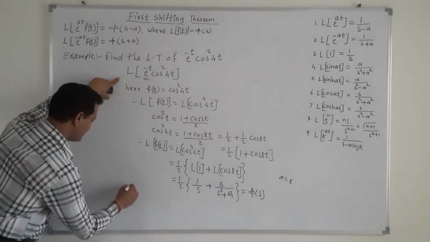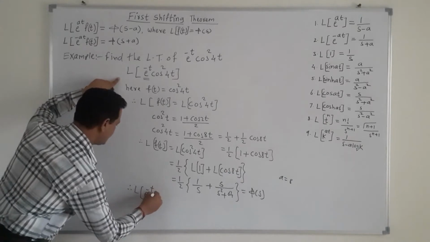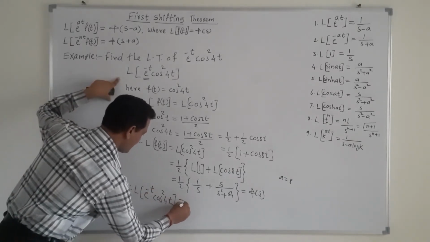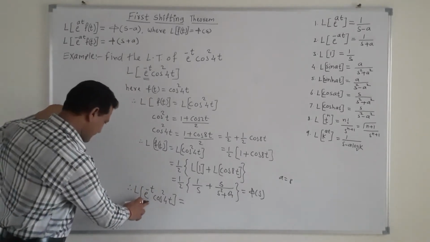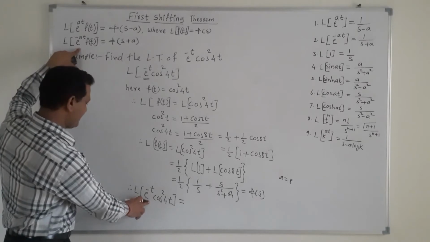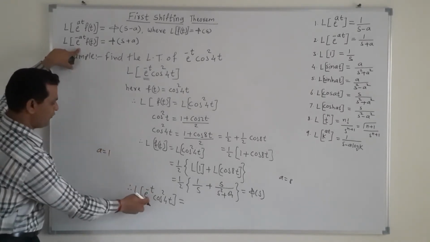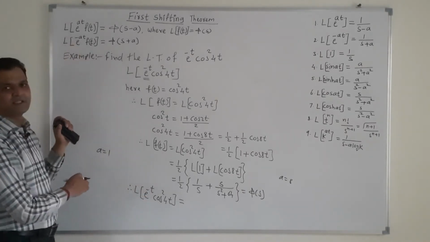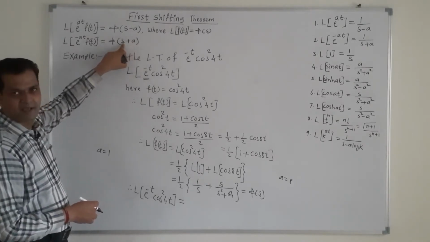Now to find the Laplace transformation of e raised to minus t into cos square of 4t, after comparing this equation with this theorem, we get the value of a equal to 1. E raised to minus t means the value of a is 1. That means add 1 to the parameter s.